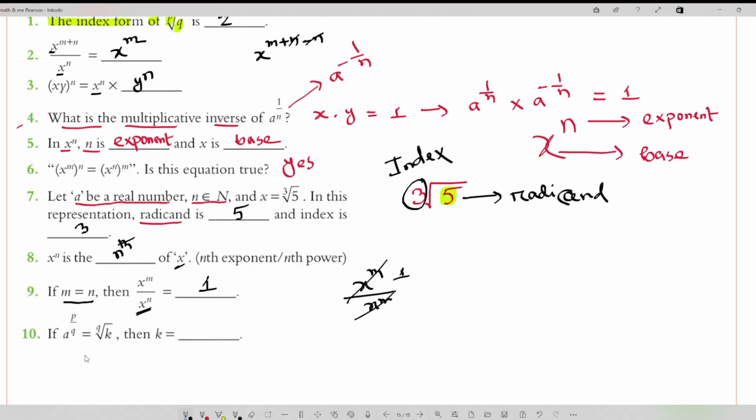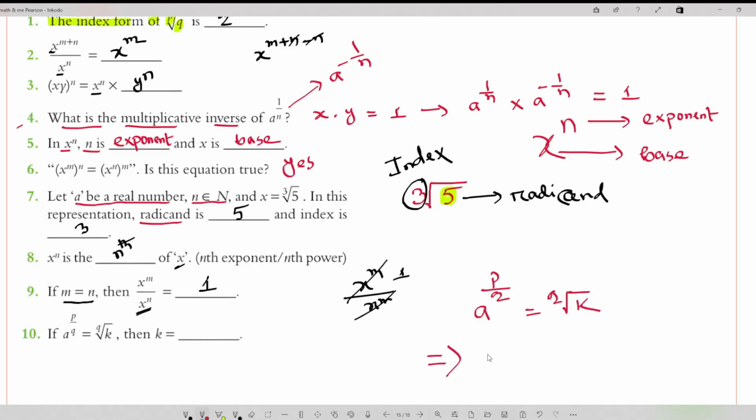Number 10, the last question of this short question part. Here a to the power p by q equals the qth root of k. Then k equals what?